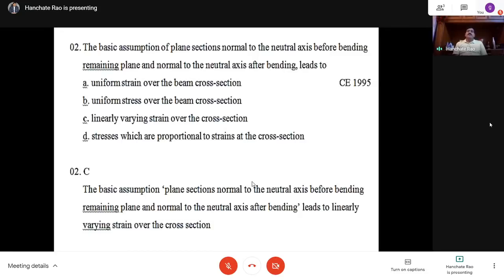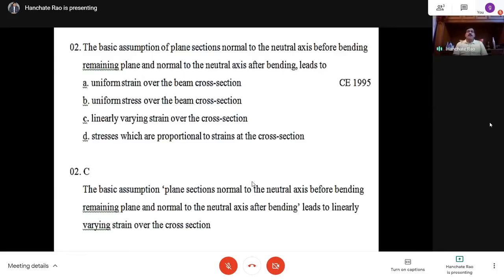The basic assumption of plane sections normal to the neutral axis before bending remain plane and normal to the neutral axis after bending leads to: uniform strain over the beam cross section, uniform stress over the beam cross section, linearly varying strain over the cross section, or stresses which are proportional to strains of the cross section. I have explained this assumption.